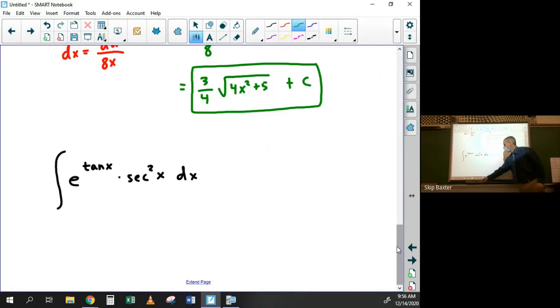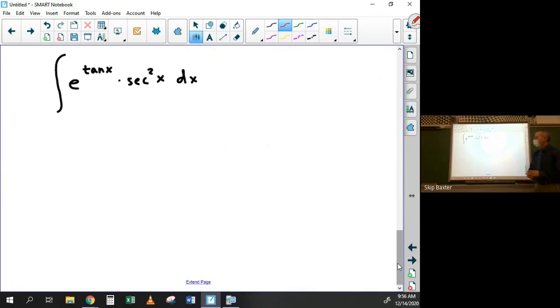What do you think? What's u? No, it's tan x because you want its derivative to appear somewhere, and there's the derivative of tangent x right there. If you had u be secant x, its derivative is secant x tangent x, which there's no factor of tangent x here anywhere, so that wouldn't work.